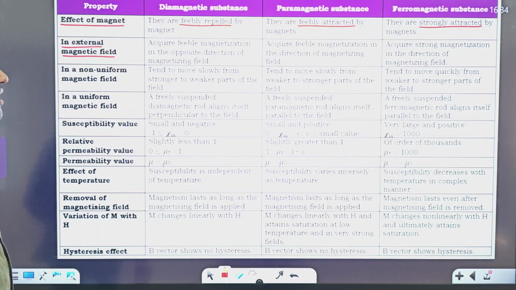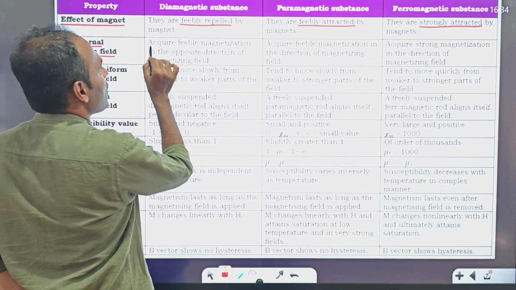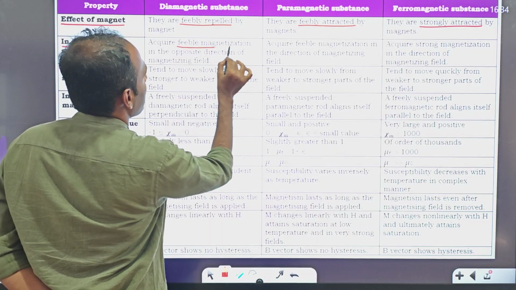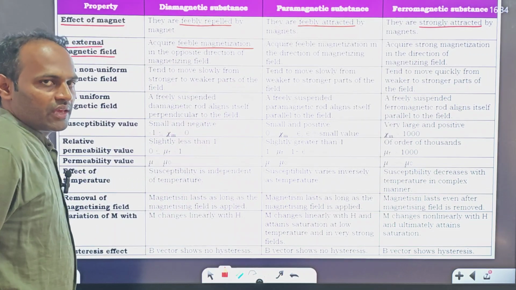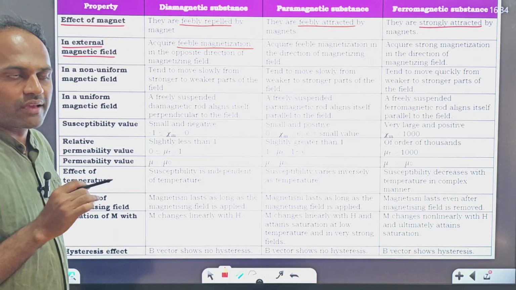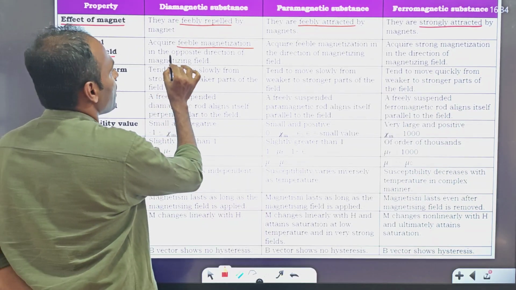Next, if these three materials are placed in an external magnetic field, diamagnetic material will acquire feeble magnetization. It will get magnetized very weakly in the opposite direction of the applied field.